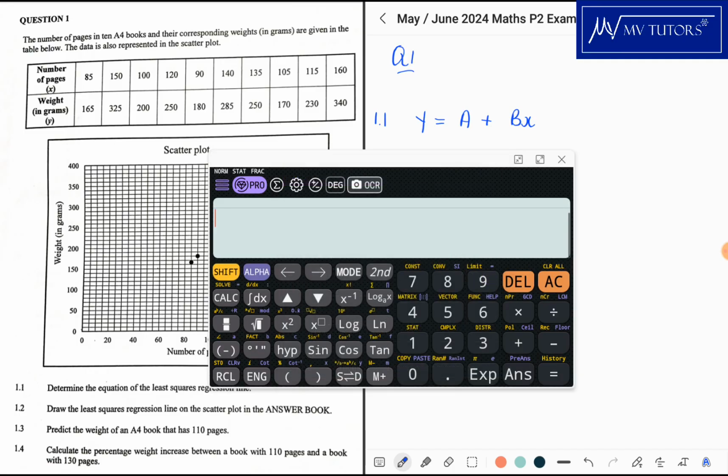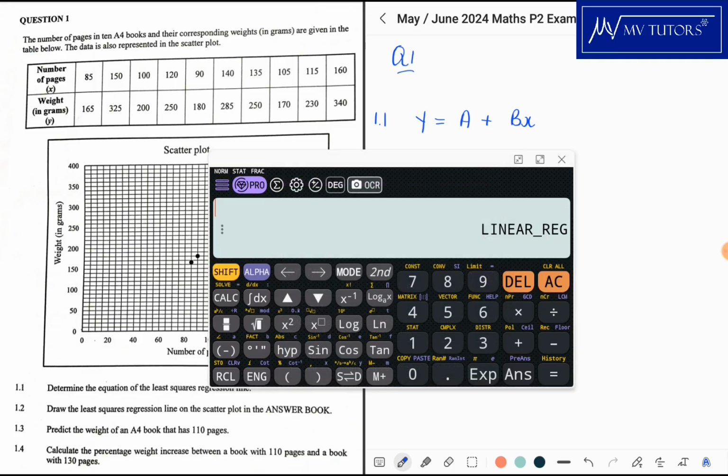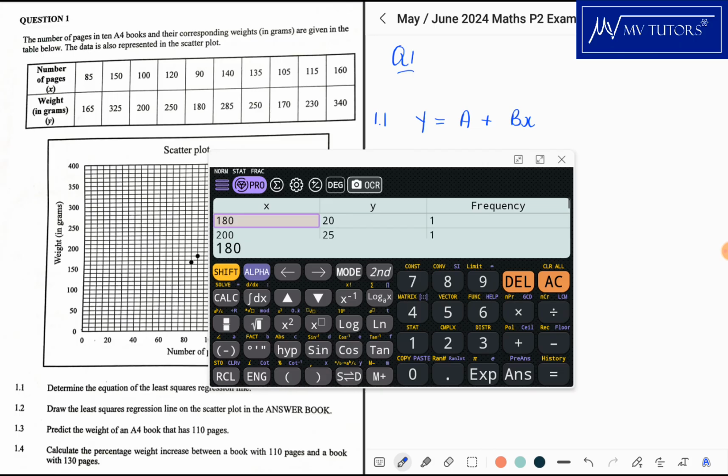Okay, so stats. This is the part where the calculator works a bit on you, and you just gotta get back in it and start. Okay, I don't know why it has pre-populated this data, but I will just delete it.